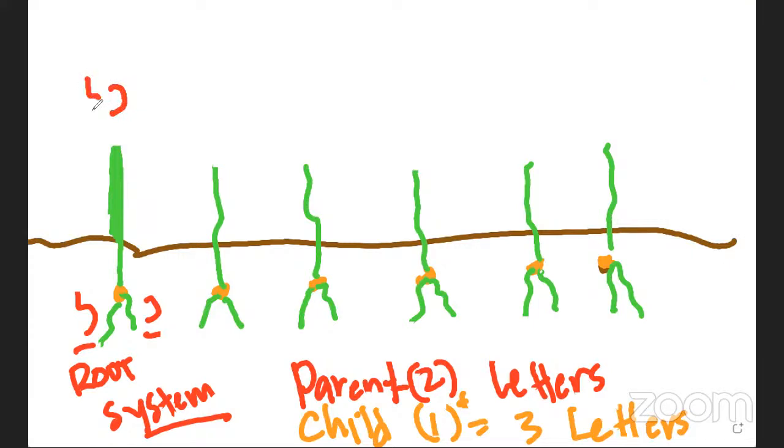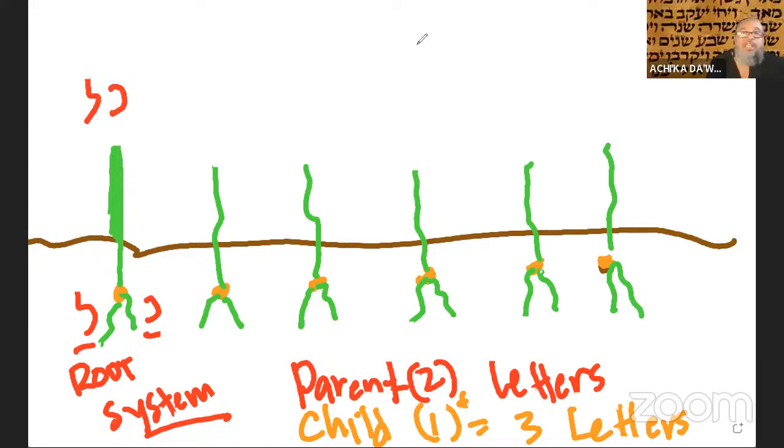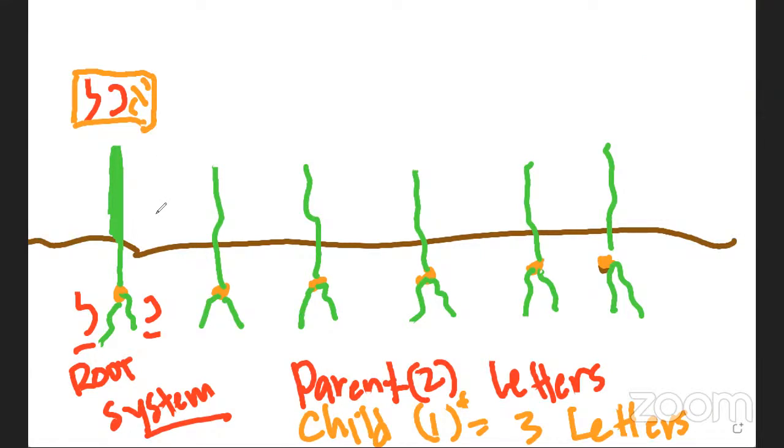Kaf and lamed. If I add a letter, just 1, to this stem, it's going to be a child now. So the name of this child right here is called what? Akal. Akal.